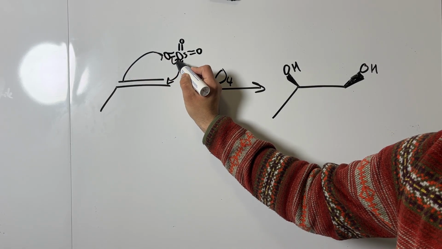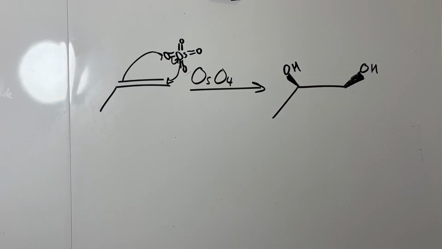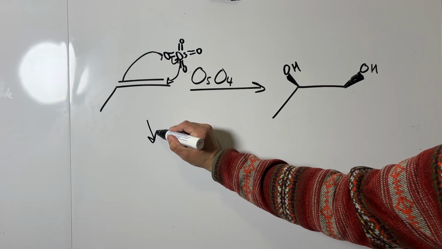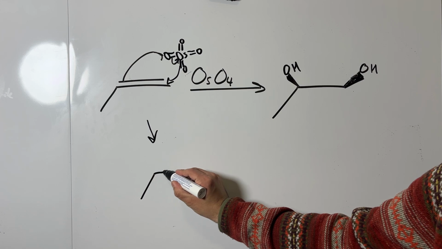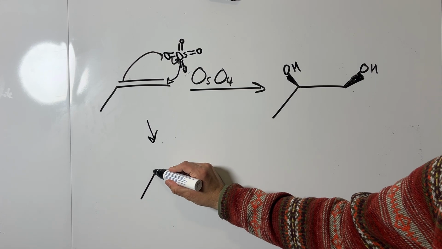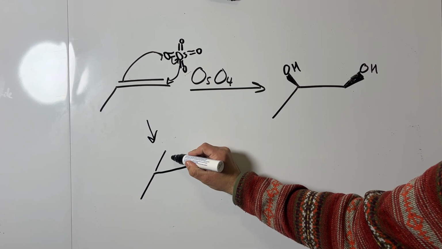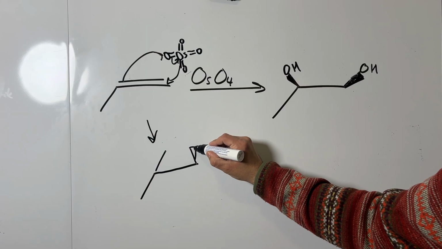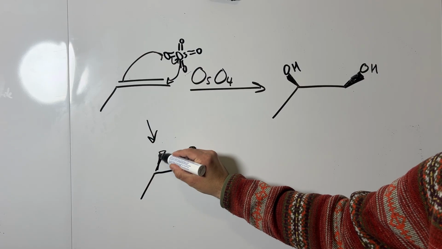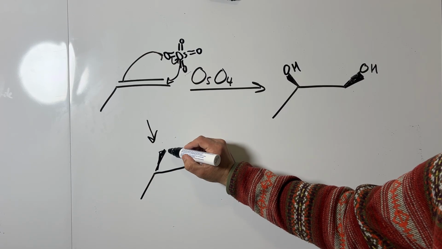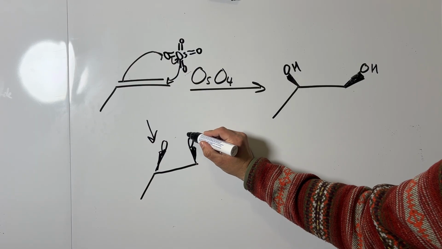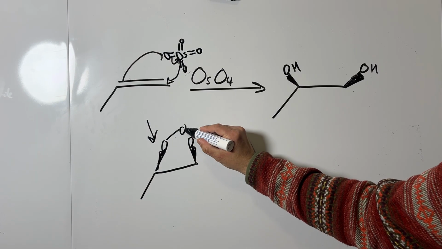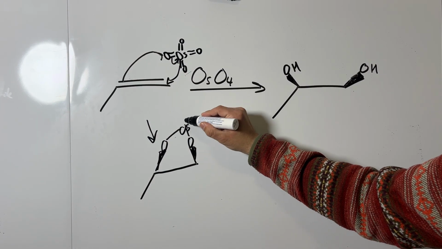Some of the electrons get kicked right back up. What we form is what's known as the osmate ester, and this is why it's syn, because we are on this same face here.